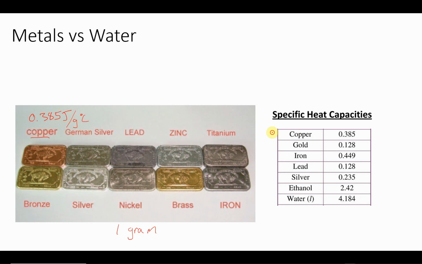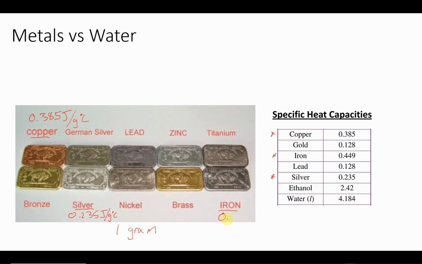So we did copper, whereas silver, I noticed we have silver too, it takes 0.235 joules of energy to raise 1 gram of silver 1 degree Celsius. And they also have iron on here, right? So we did silver. They also have iron. Ooh, they even have lead.